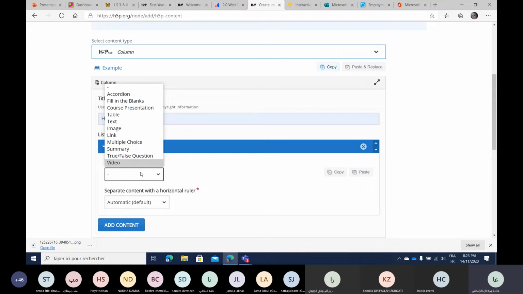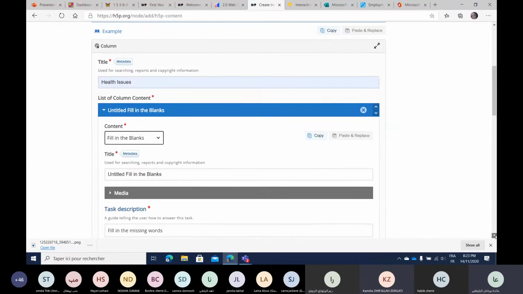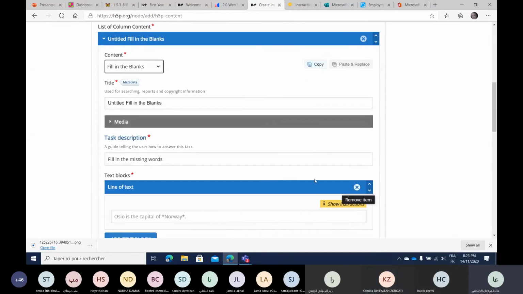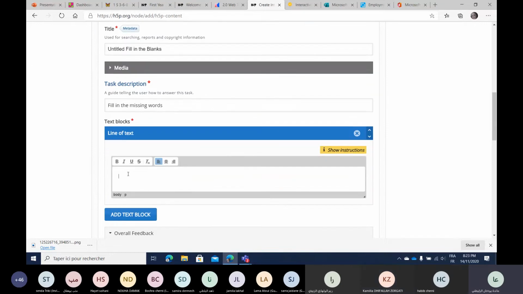So I'll take, for example, a fill in the blanks task. I will either type or copy paste, for example, 2.0 web tools.